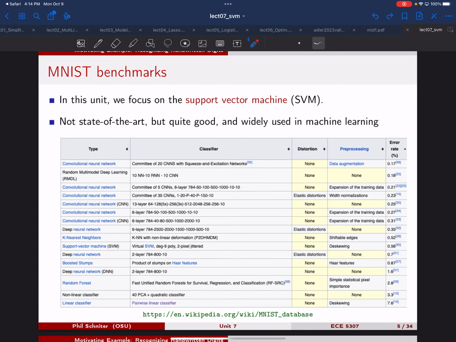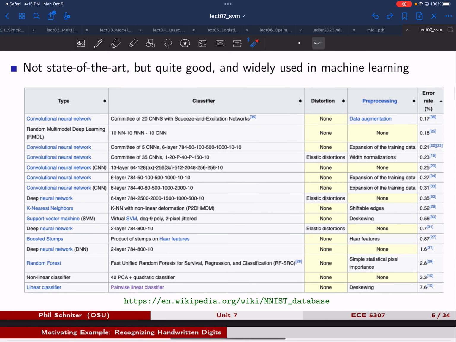Here's a little table of pretty recent benchmarks from Wikipedia. They're probably not updated very frequently because this particular data set is not something that people really try to do very well on. It's just sort of a toy data set in some sense.